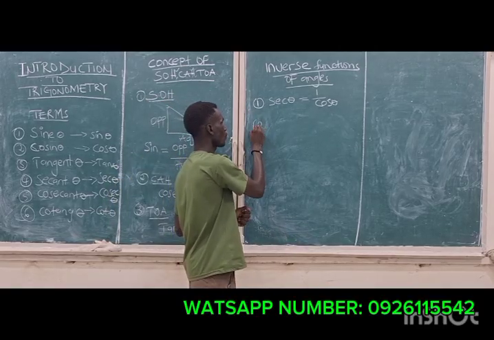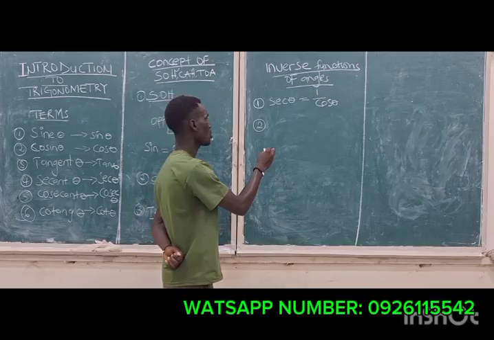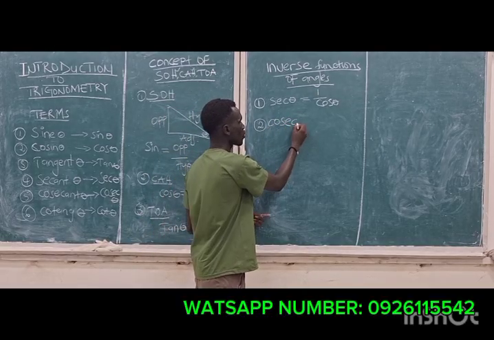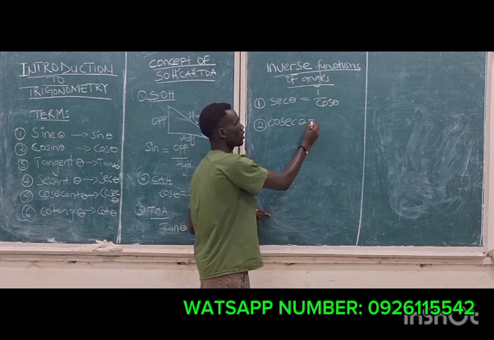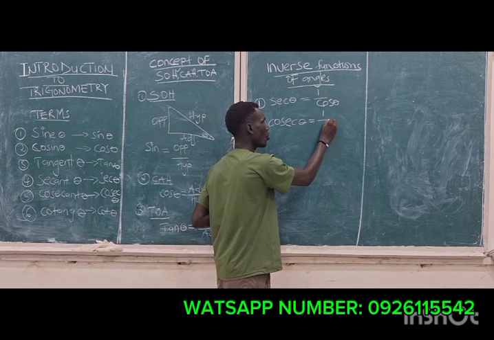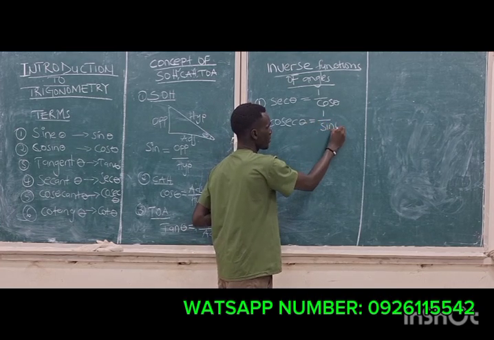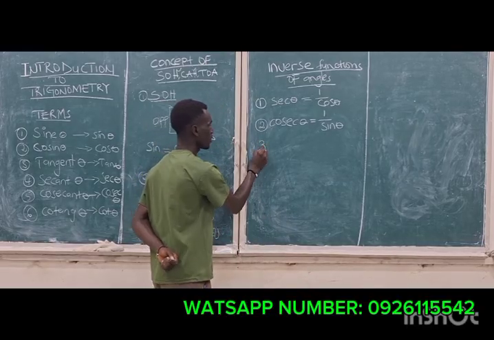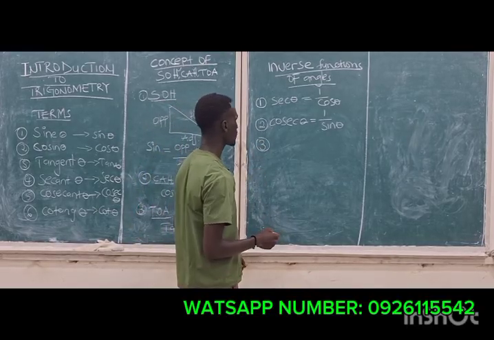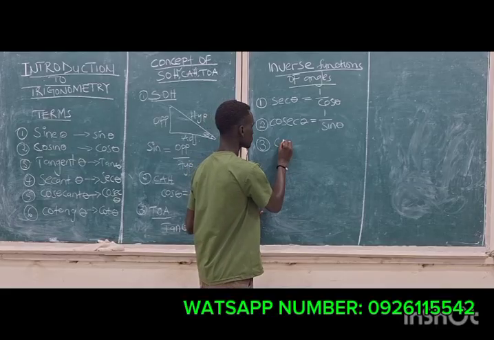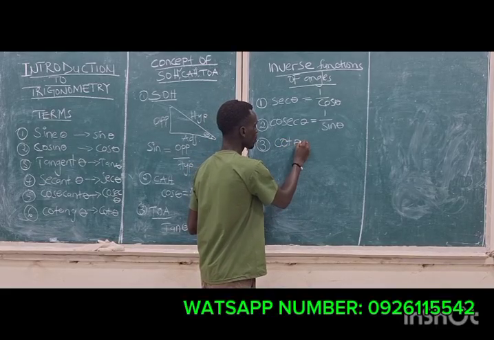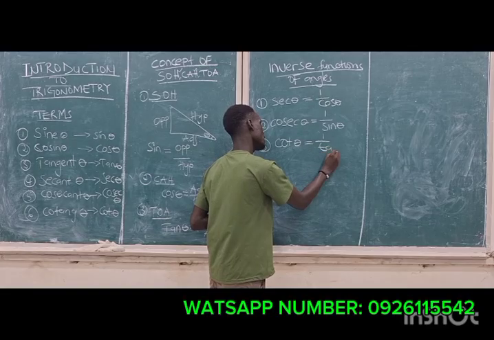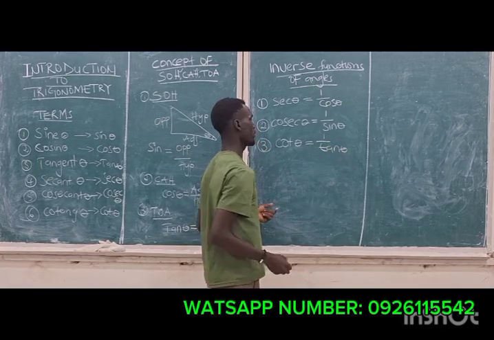Number 2, we have cosec theta is equals to 1 all over sine theta. Number 3, we have cot theta is equals to 1 all over tan theta.